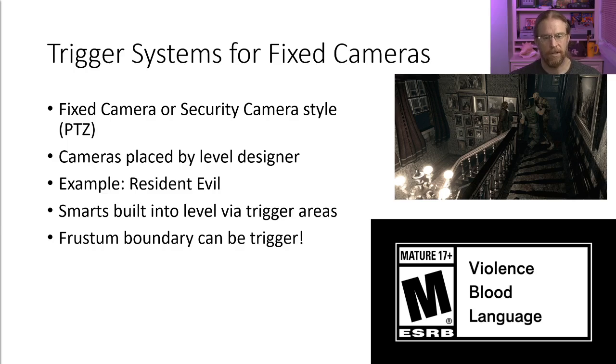You could additionally just use the frustum boundaries of the camera. So that frustum that we looked at before, the truncated pyramid, you could detect when the game object begins to cross one of the four sides. And when that occurs, you then trigger going to the camera position that's to the left, let's say.